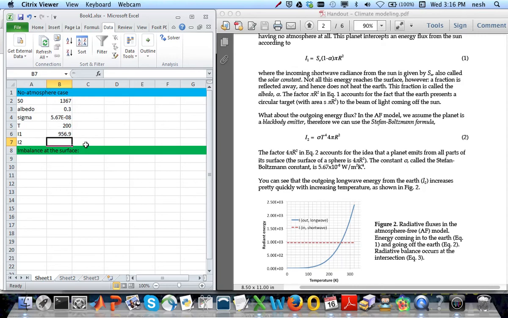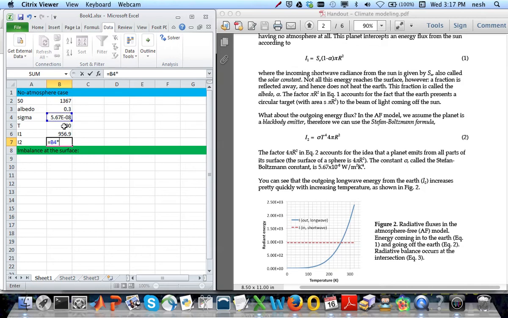Okay, now if you want, give a shot at entering I2, which is the sigma t to the fourth times 4. Okay, here's how I think I should do that. I'm going to start off with an equal sign, as we do in Excel when you're entering a formula. And let's see, I need sigma. I've already got sigma there, so sigma and times is a star.